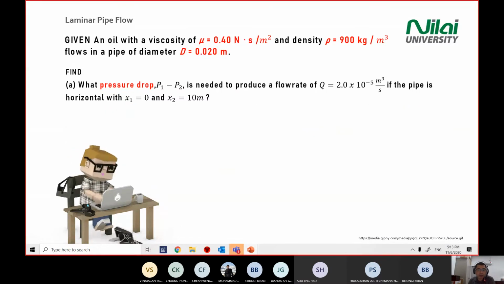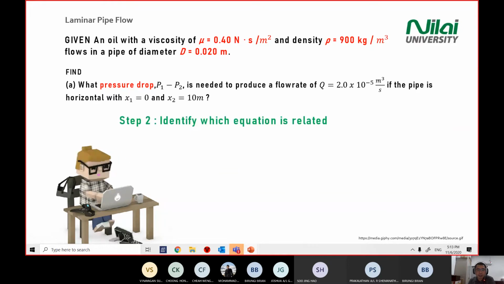So let's solve for the first one. It asks you to find the delta P. Again, we only have three equations to look at. And we are given a Q. So pull out the Q equation.